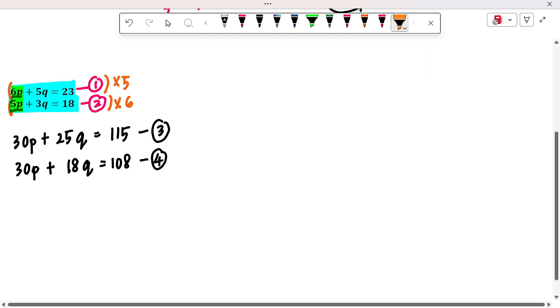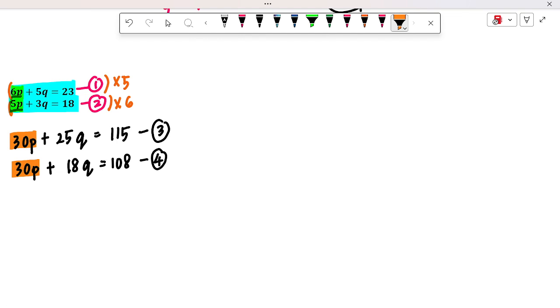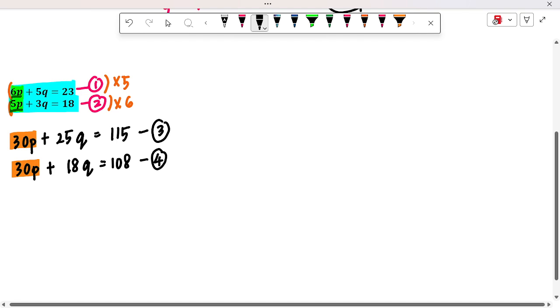Why is it 3 and 4? Because you already made the letter P with the same number, 30p and 30p. So we will no longer use equations 1 and 2 for the next step. So for 3 and 4, as usual, I told you earlier, you have to choose either add or subtract.